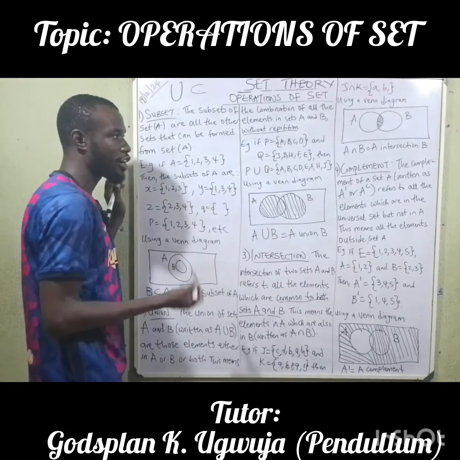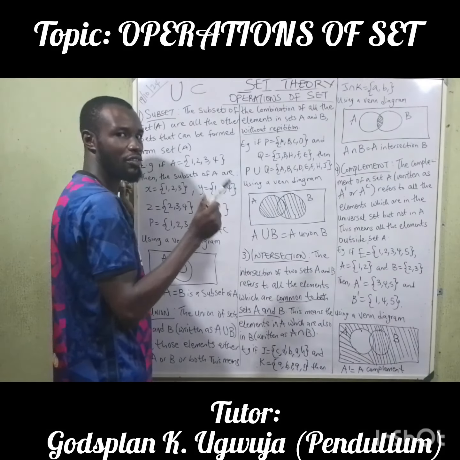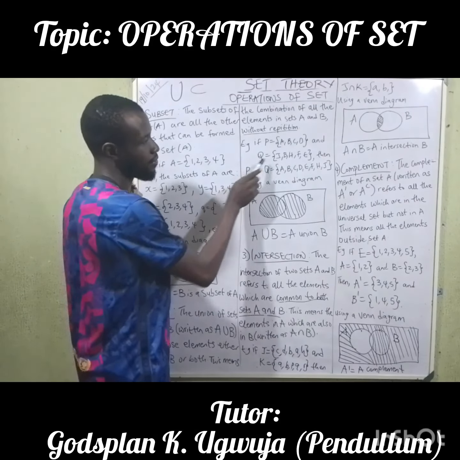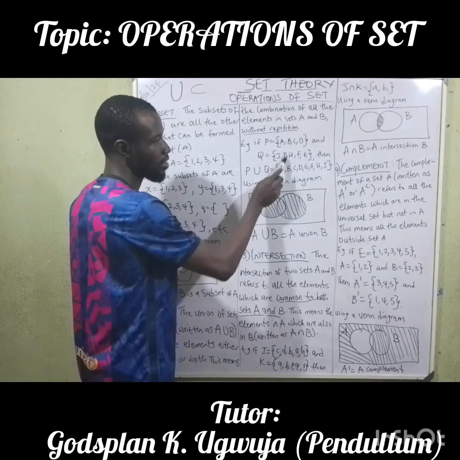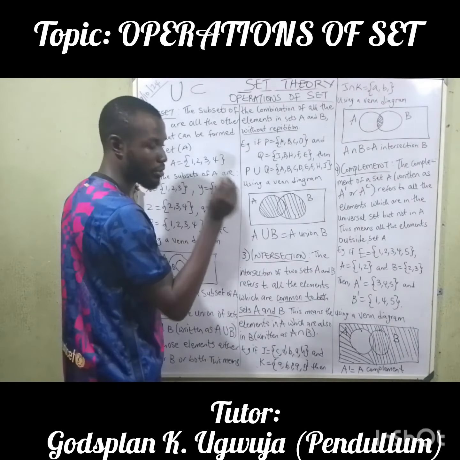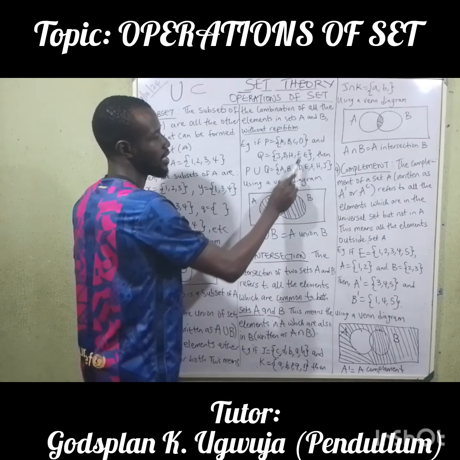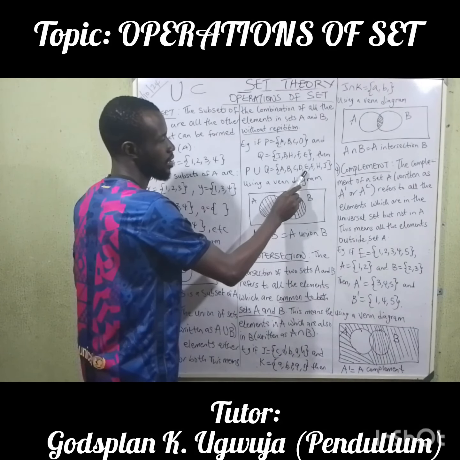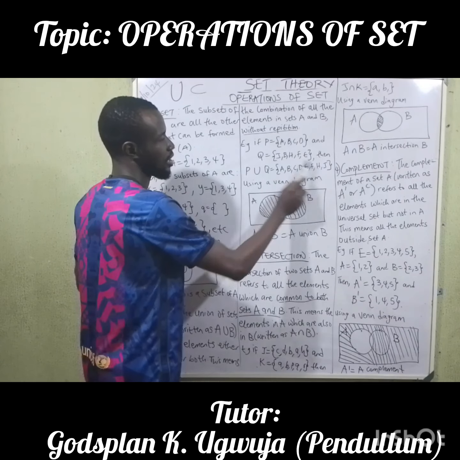So all you just need to do is take all the elements in P and Q, but be careful that you don't repeat anyone. So we have A, B, the B appears twice. But remember I said no repetition, so we just pick one. Then we have C, we have D, we have E, we have F, we have H, and we have J.